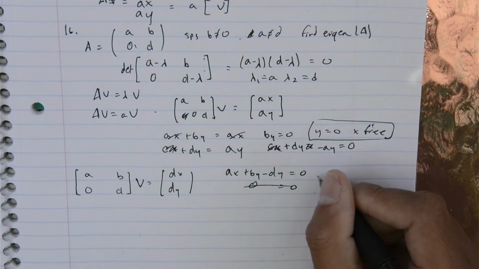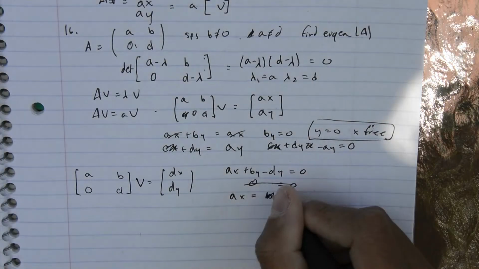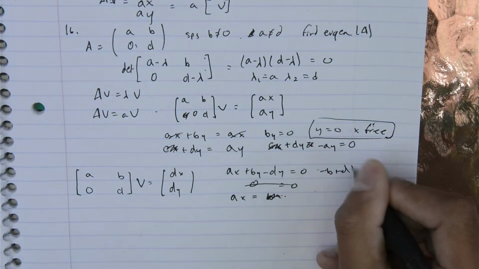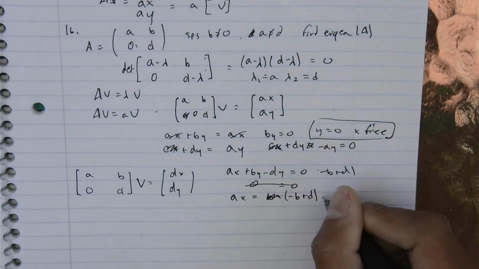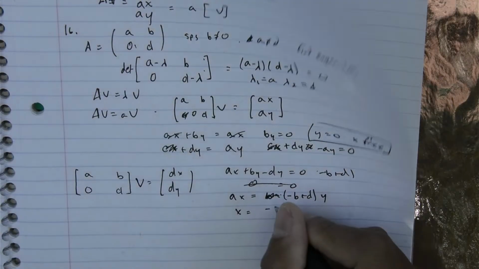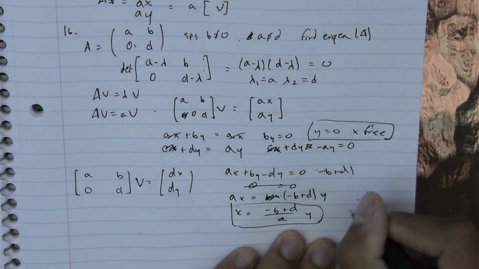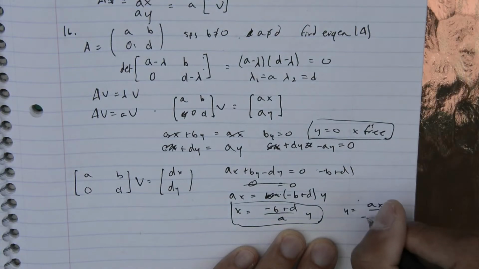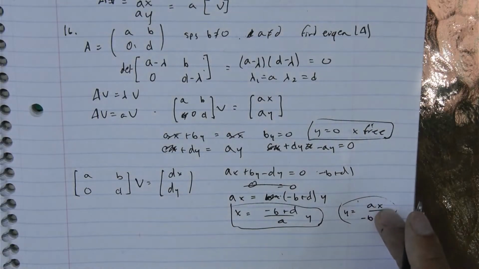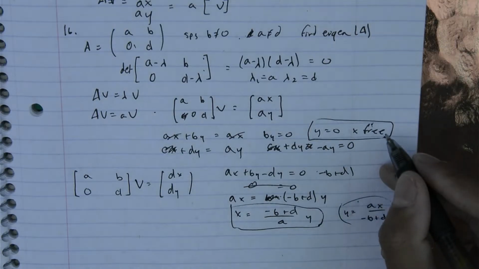Okay, so we're going to do ax is equal to minus b plus d times y. So then we're going to get x is equal to minus b plus d over a times y. Or we could also flip it around. We could do y is equal to ax over minus b plus d, something like that. Anyway, so these are the two eigenvectors, or these represent the lines.